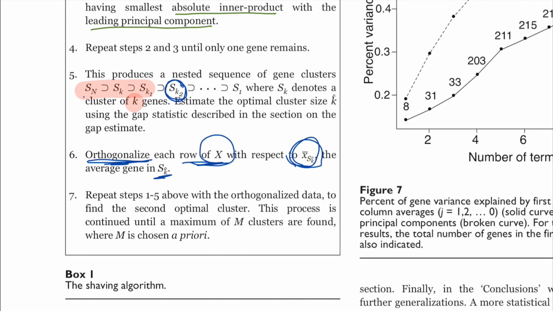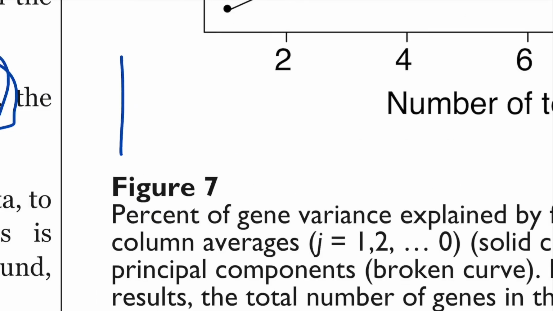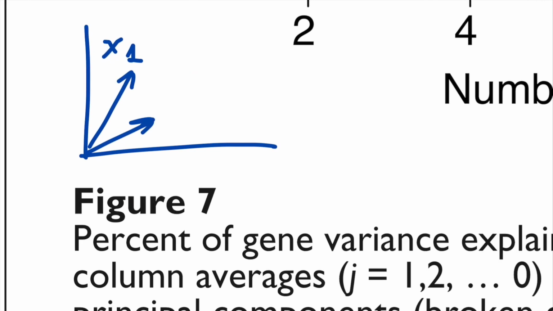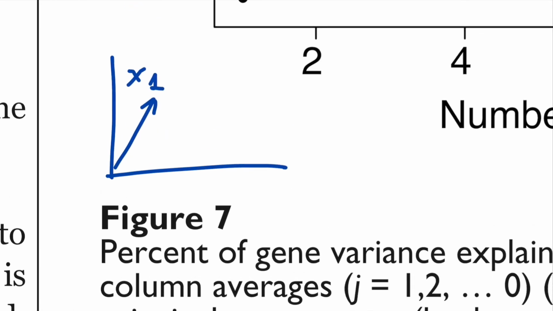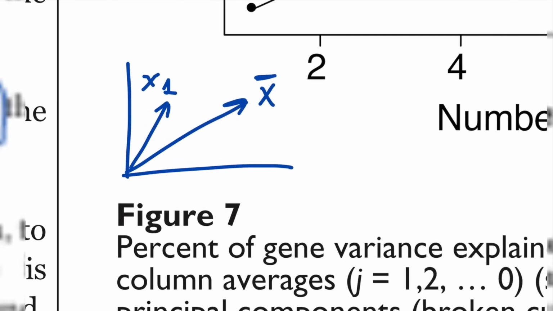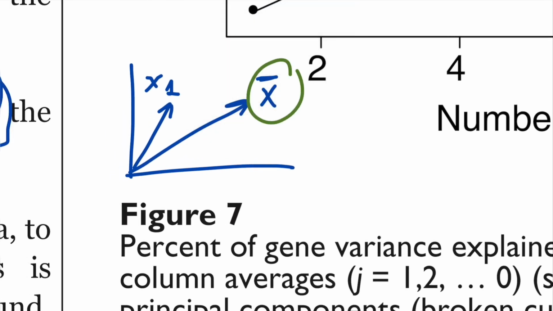What does this mean? When you orthogonalize the data set, for example, this is x1, and now we have this thing. Let's say that this is your average gene, and now you want to orthogonalize with respect to this. Orthogonalization is a process in which you essentially subtract this mean gene from this space.